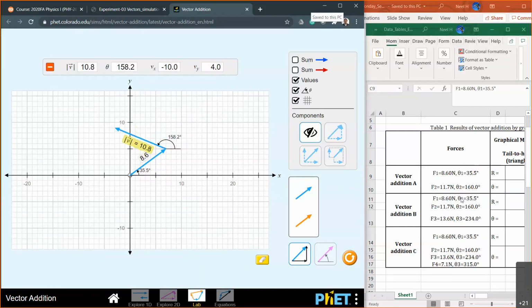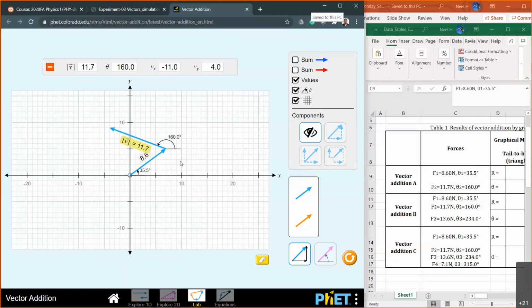I need 160 degrees from the positive x-axis and 11.7 in magnitude. So I need to search for the exact location, 160 degrees from the x-axis, and the magnitude 11.7.